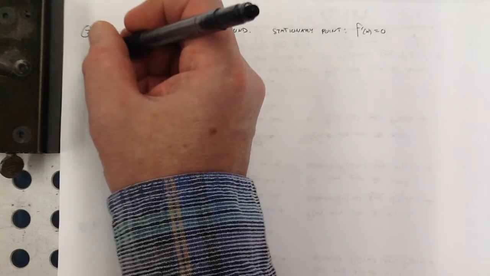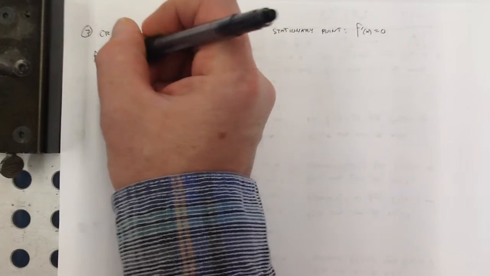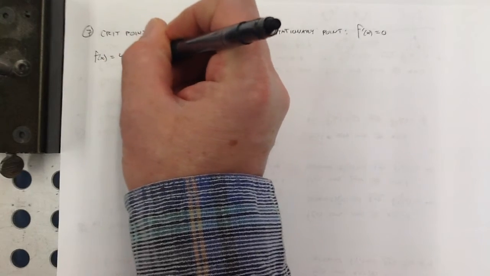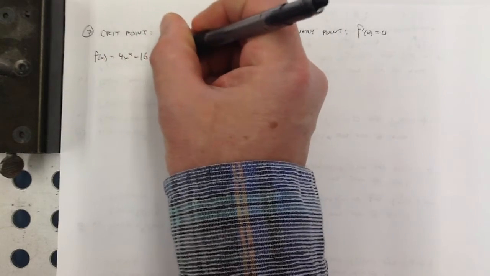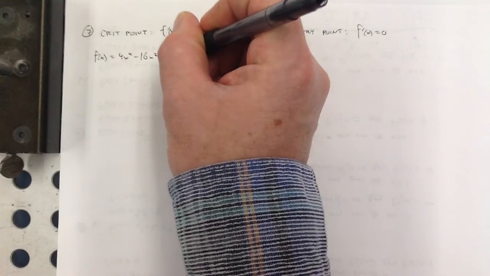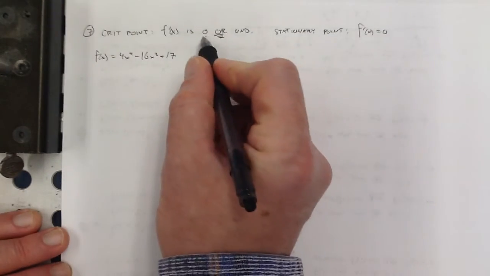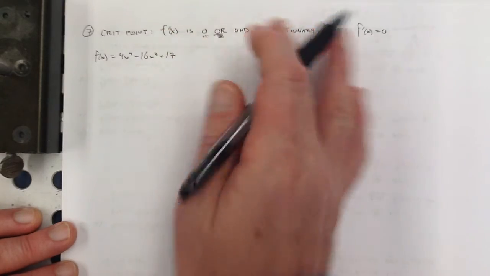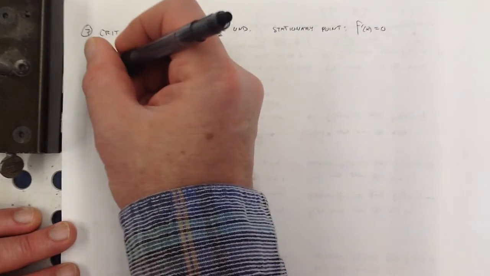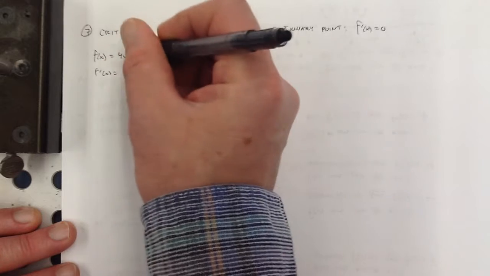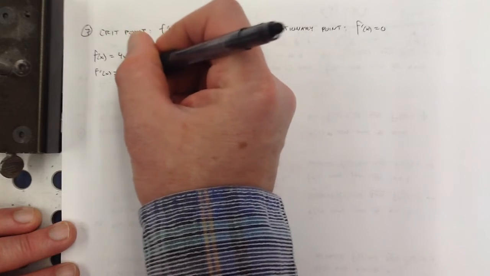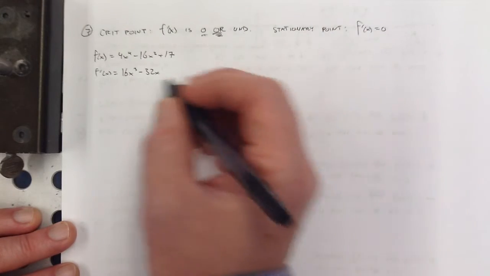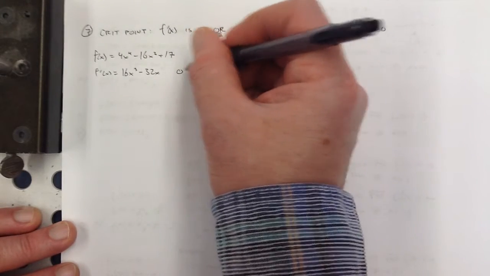All right, so I've got here in number 7, f of x is equal to 4x to the 4th minus 16x squared plus 17. And I'm trying to find critical points. That's where the derivative is 0 or undefined, and then just make sure I know which is which. That's all. So f prime of x is 16x to the 3rd minus 32x, and I'm going to set that equal to 0.